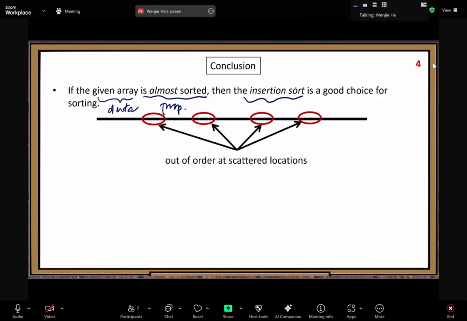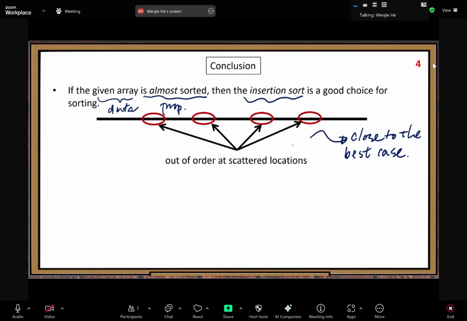Why? The reason is very simple. Although it's almost sorted, not quite ordered, if you sort it by the insertion sort, is it very close to the best case? Because if the whole array is ordered, then that's the best case. If the whole array is ordered, then you apply insertion sort on this array, you get the best case.